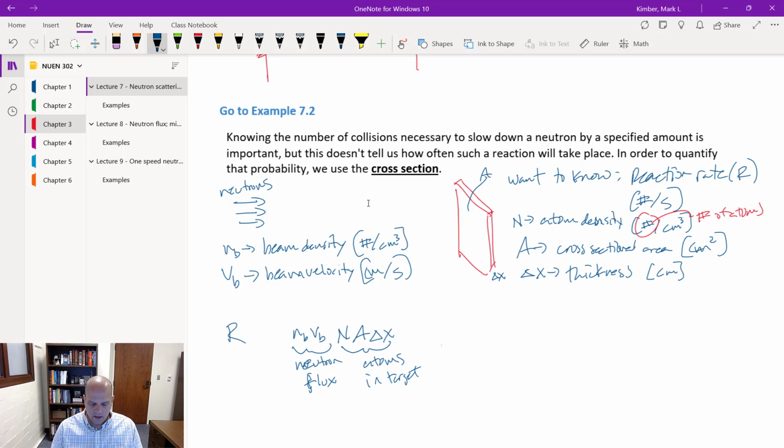And I look at the units for these. This one's going to be neutrons per centimeter squared per second. And this one's going to be atoms, total just number of atoms. And so what do I need in order to get this into a reaction, number of reactions per second?